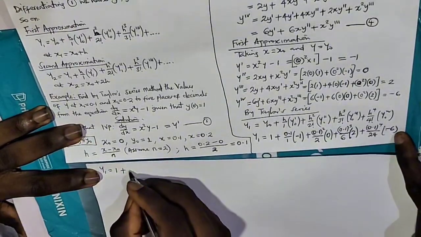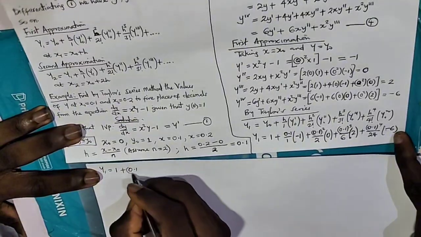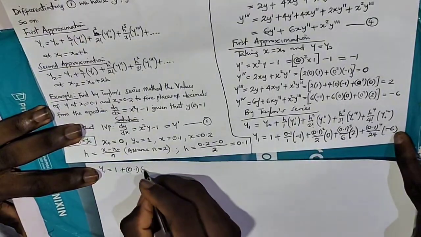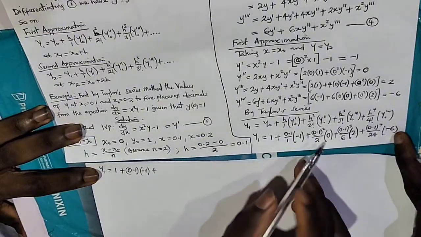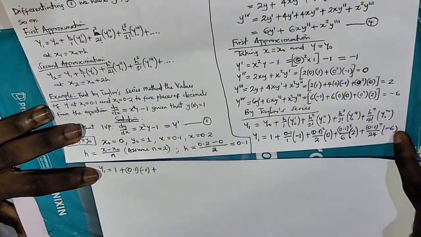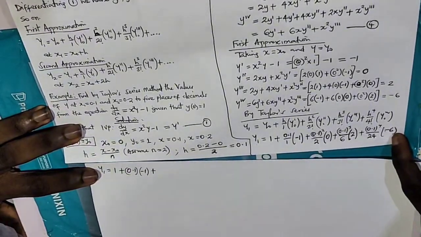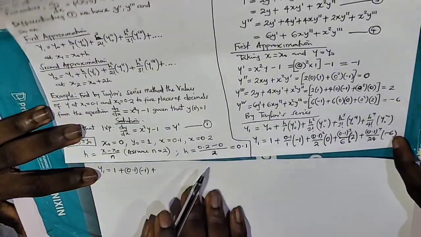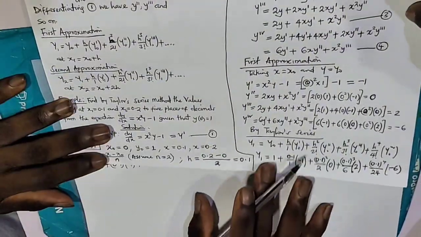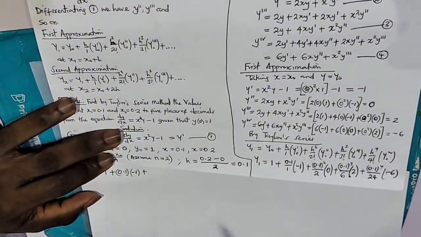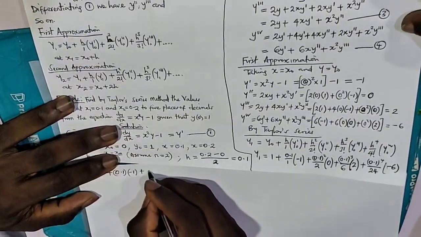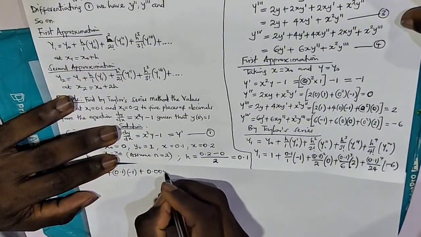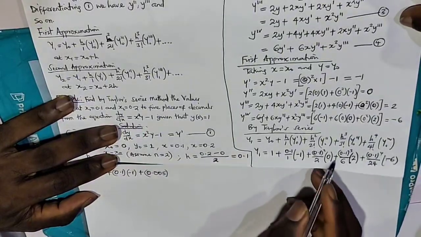Plus 0.1 squared, which gives 0.01, divided by 2, gives us 0.005, into 0.